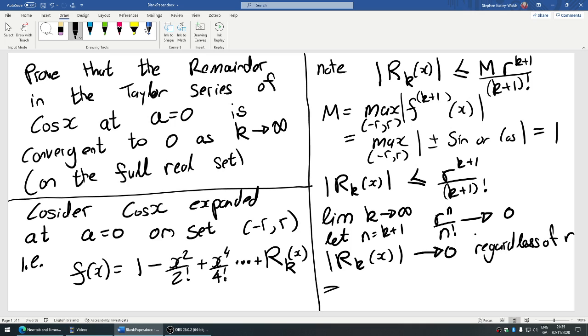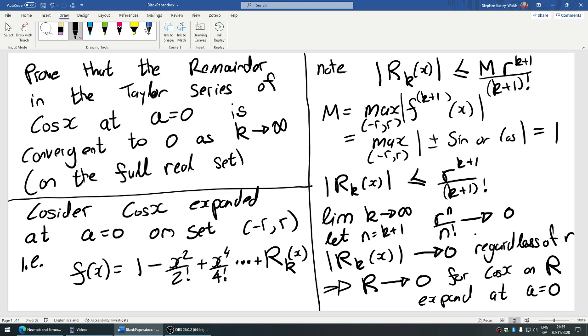So then that would mean that the remainder converges to 0 on R for cos x on the reals when you expand at a equals 0 then.